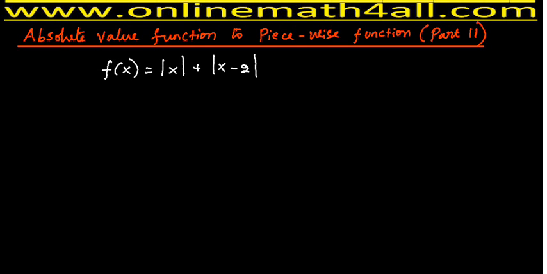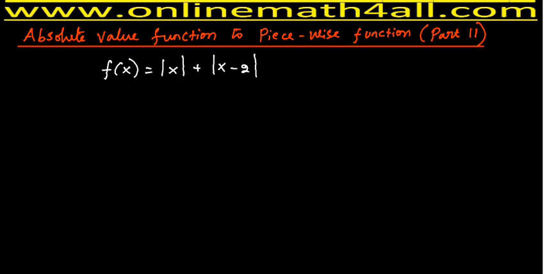So here we have two absolute values on the right side. One is the absolute value of x and the other is the absolute value of x minus 2. So whenever we are trying to redefine an absolute value function as a piecewise function, first we have to find the value of x for which the term inside the absolute value becomes 0. So here we have two absolute values, so first let us do it one by one.